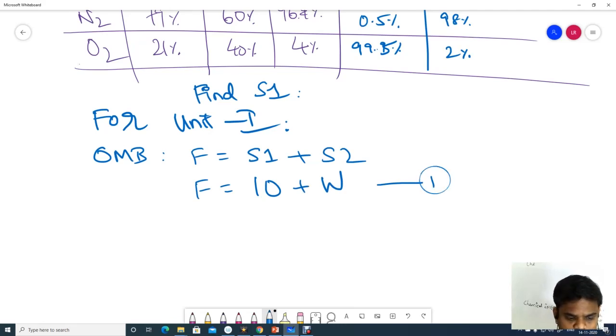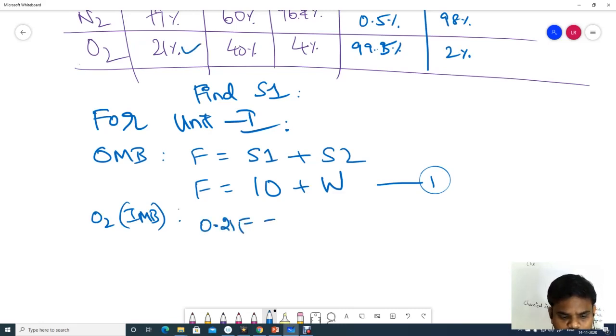What is the individual material balance for oxygen? The mole fraction of oxygen in F is 0.21, so 0.21 into F is equal to 0.4 into S1, that is 40 percent, plus W has a certain percentage, right?